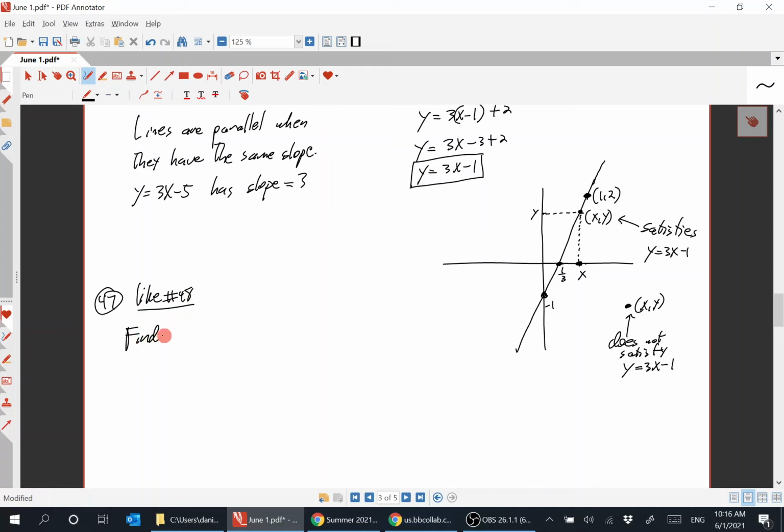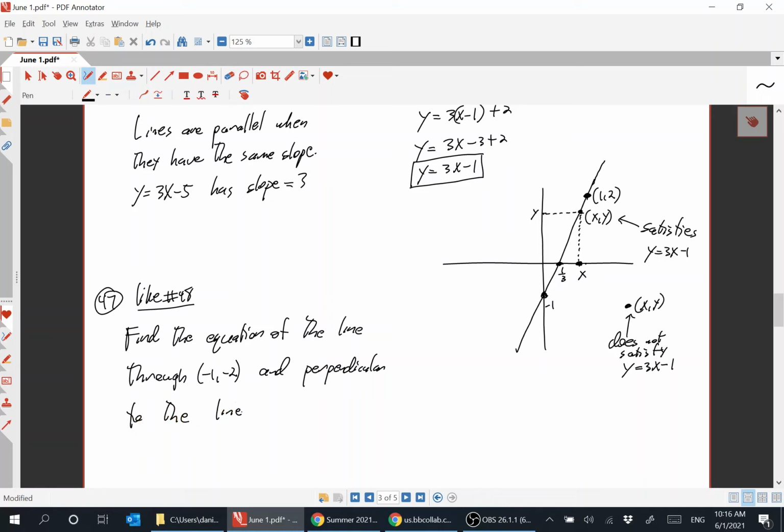So find the equation of the line through (-1, -2) and perpendicular to the line 2x plus 5y plus 8 equals 0.